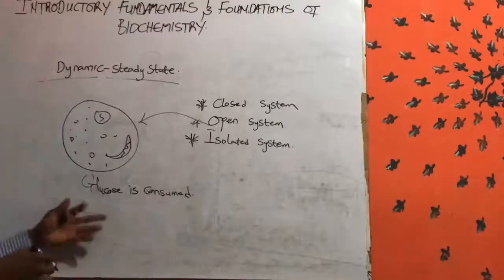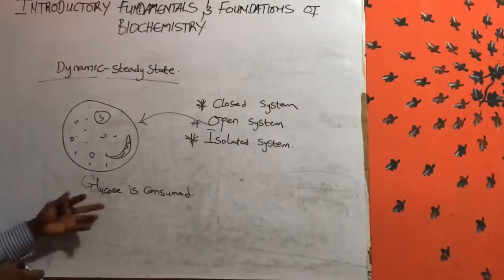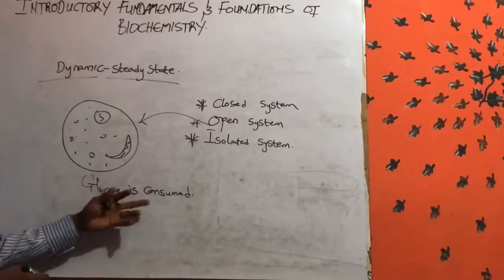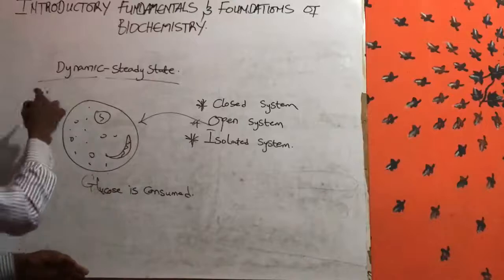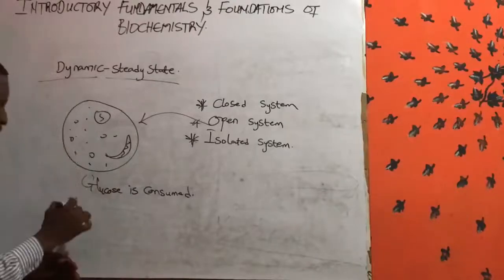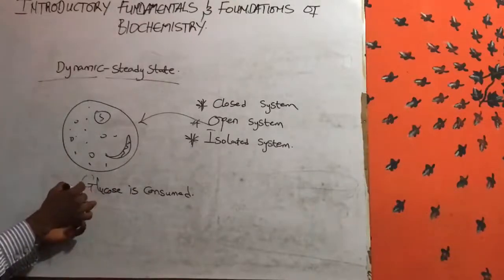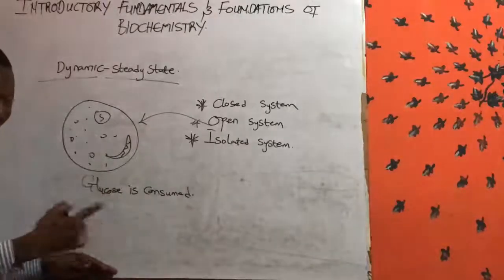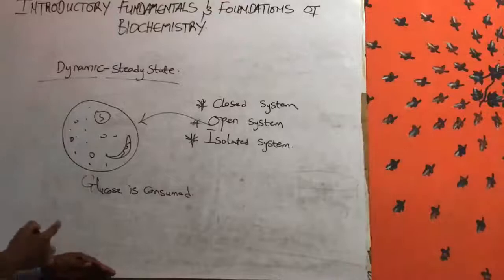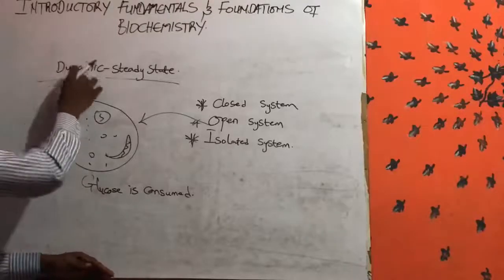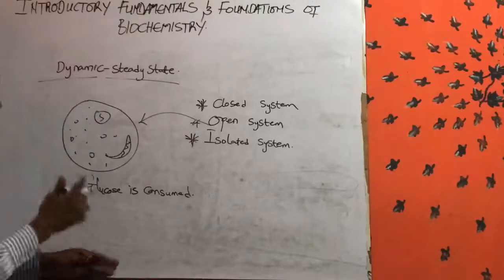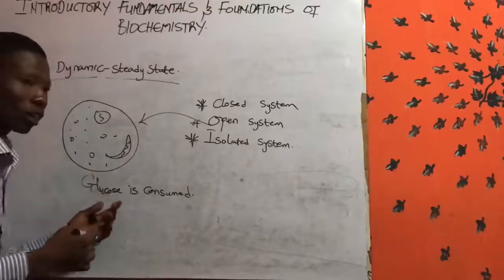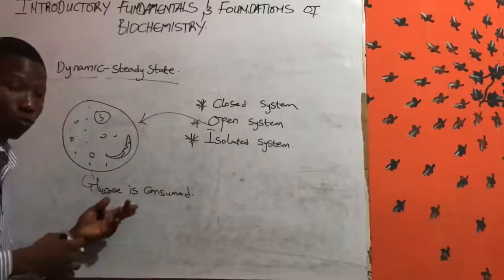Despite the fact that glucose is consumed constantly, that means glucose in your blood is dynamic. Are we together? The fact that glucose is consumed constantly is what shows that glucose is dynamic. The more you act, the more glucose will be consumed.